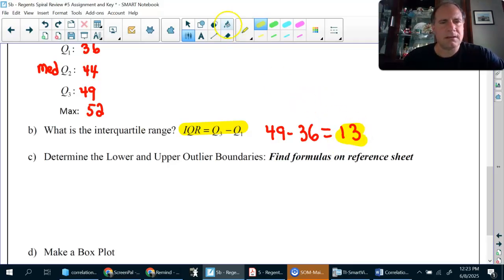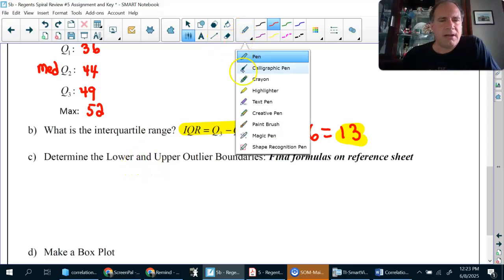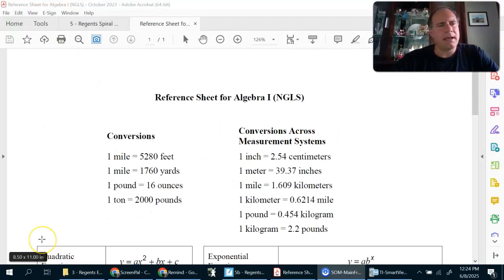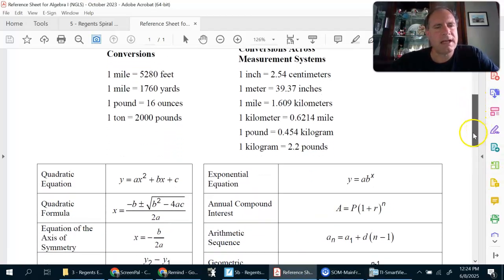And that is it. So it says to find or determine the lower and upper outlier boundary. And the lower and upper outlier boundaries are found on the reference sheet for Algebra 1 given to you. So we're just going to take a look at it right now.